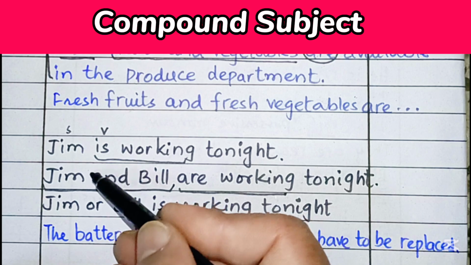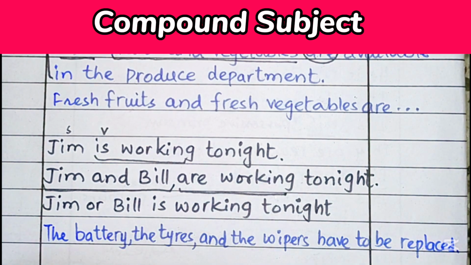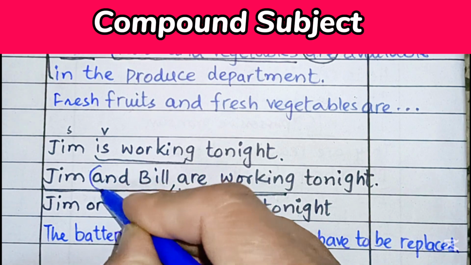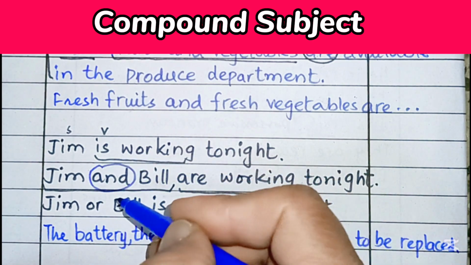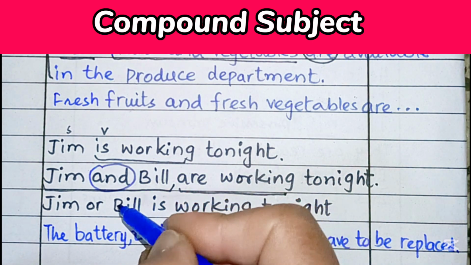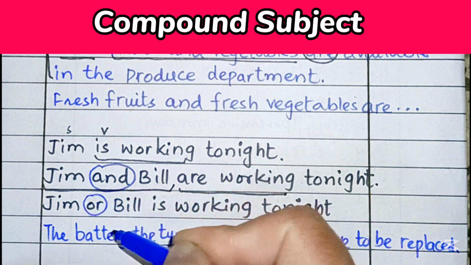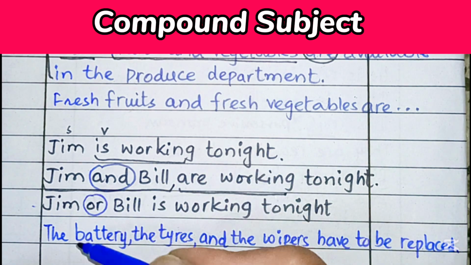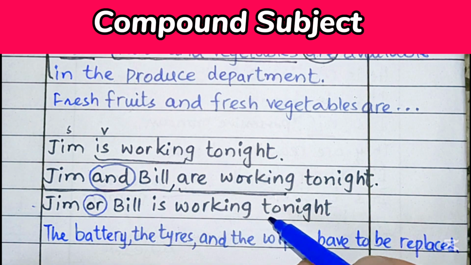If we take this and out over here and replace it by or, the next sentence is: Jim or Bill is working tonight.